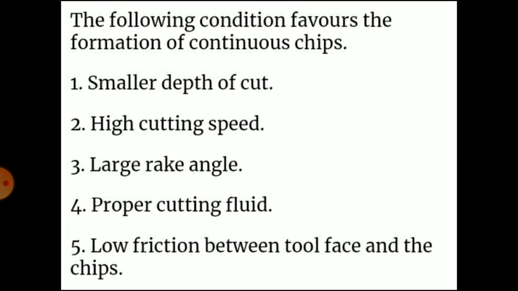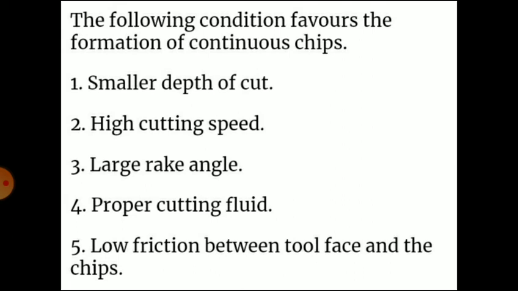A chip breaker is an element that is used to break the continuous chips to avoid injury to the operator. The following conditions also help in production of continuous chips: small chip thickness, high cutting speed and large rake angle.